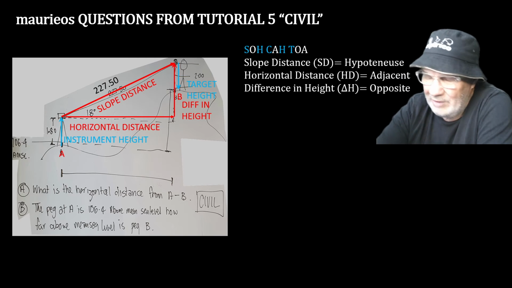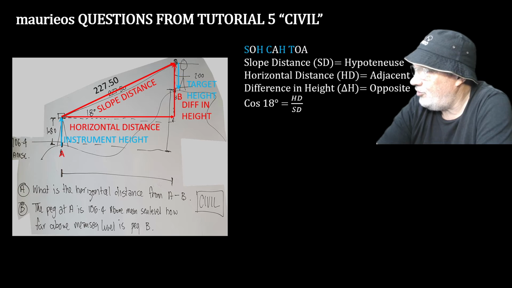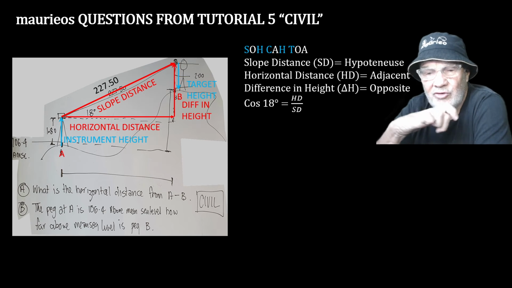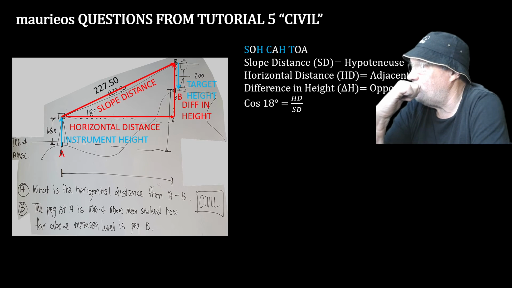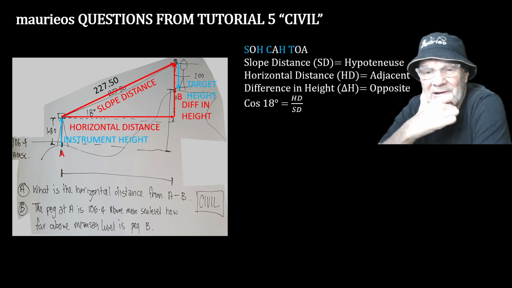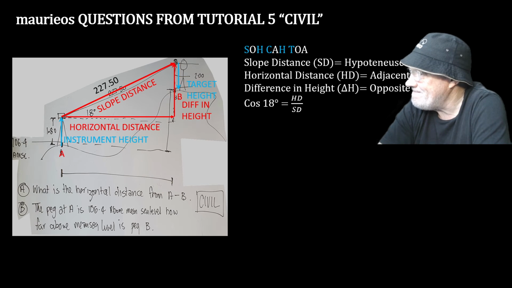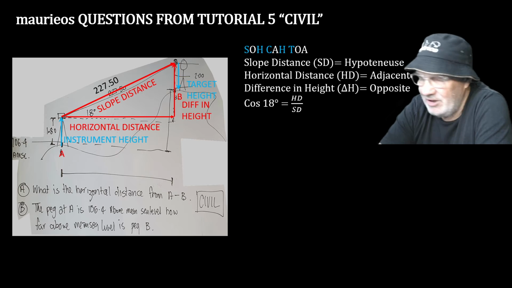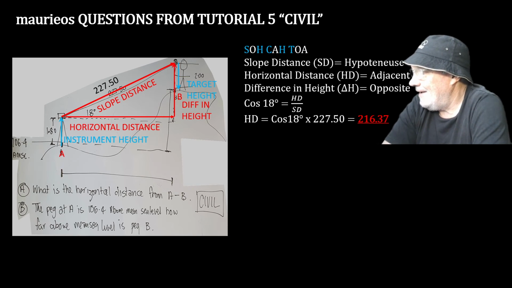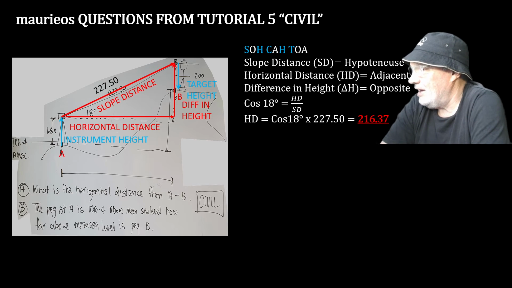The first one we want to do is the horizontal distance. So cos 18 degrees equals horizontal distance over slope distance. The horizontal distance is the adjacent, so we're going with the cosine on that one. Then we just multiply out the ratio quite simply, like cross multiply if you like.